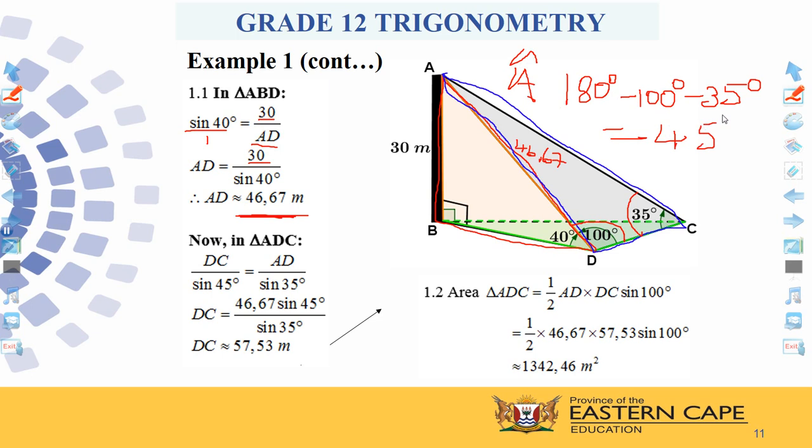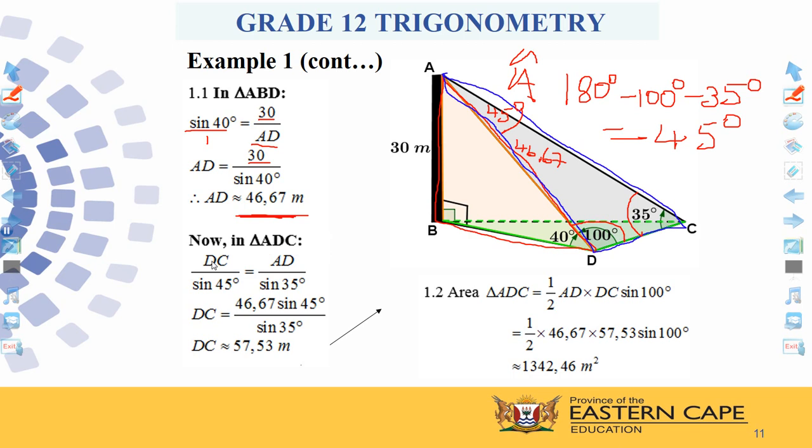So that angle there is now 45 degrees. So in triangle ADC, which is the triangle I'm interested in, I will now be able to calculate DC.